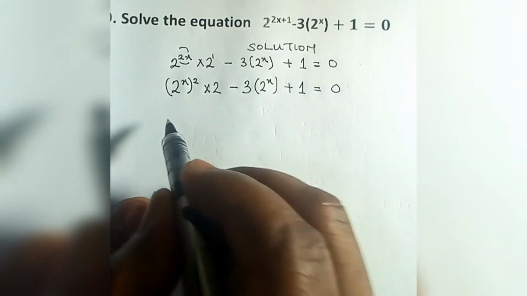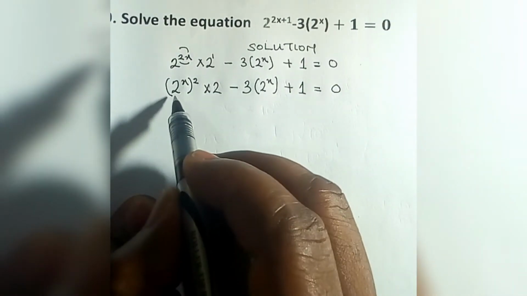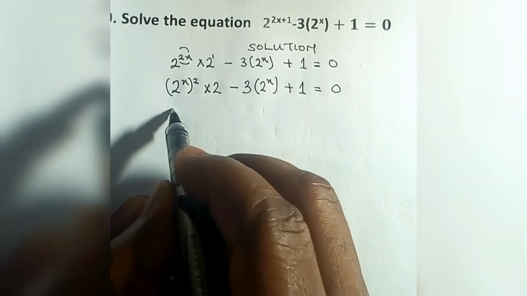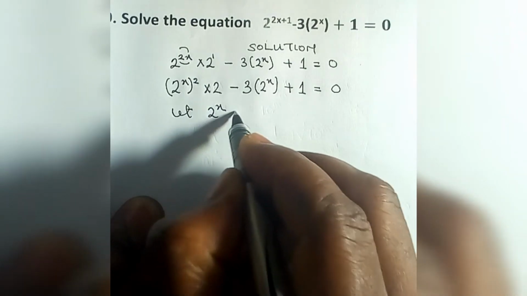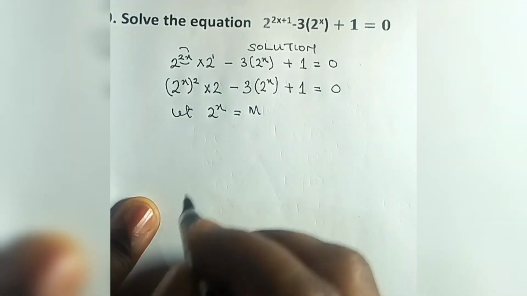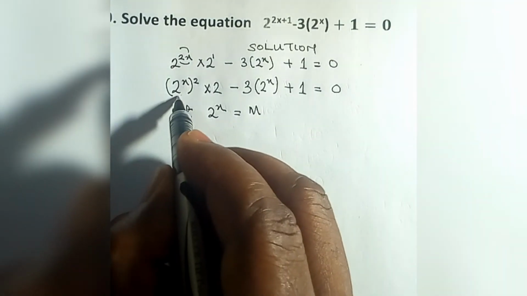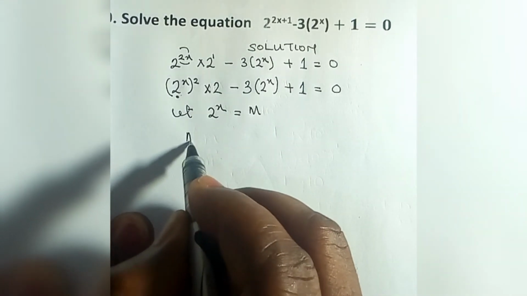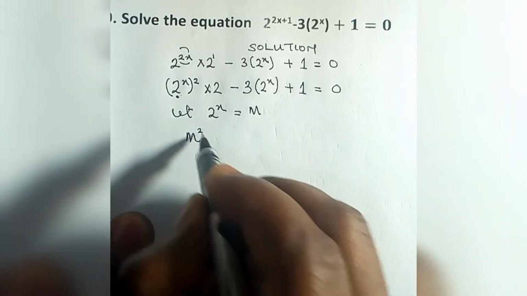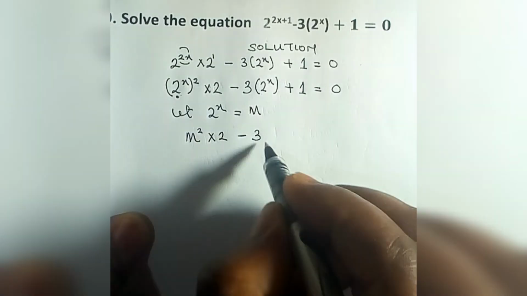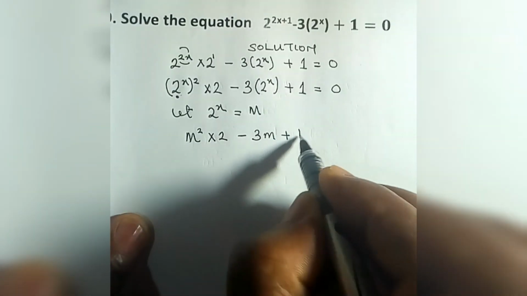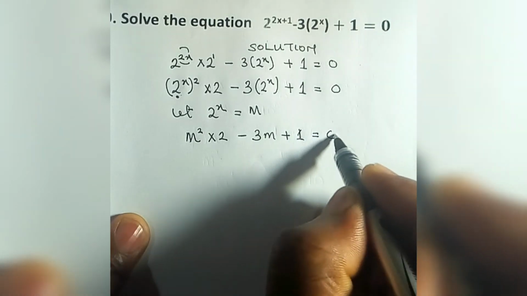Now, we are going to use a variable to represent 2 to the power of x. So let 2 to the power of x be equal to m. So substituting here, we now have m raised to the power of 2 times 2 minus 3m plus 1 equal to 0.